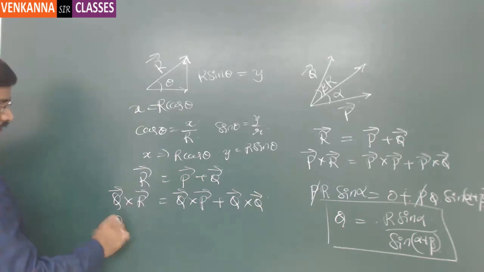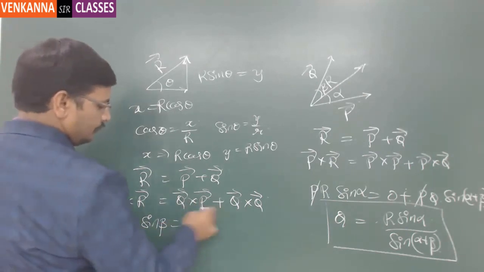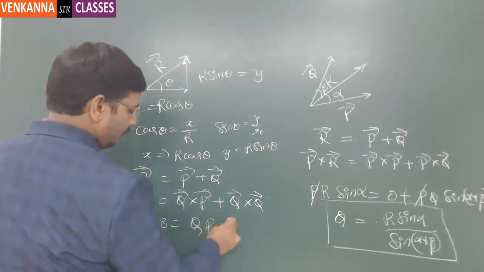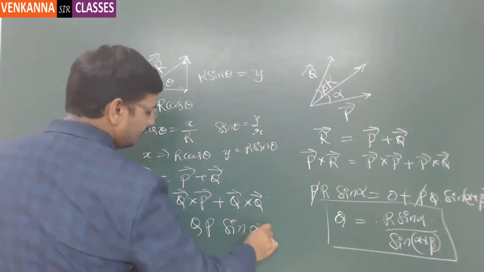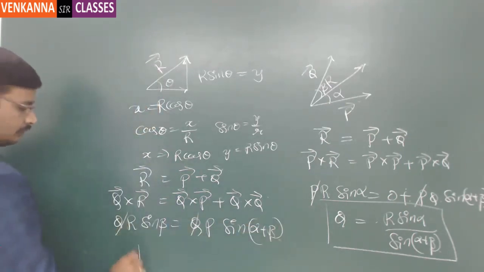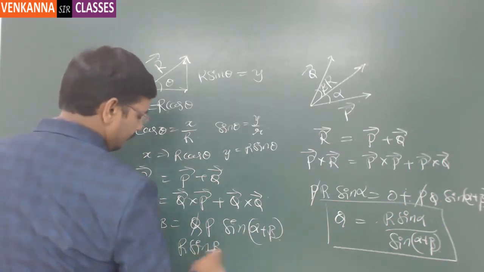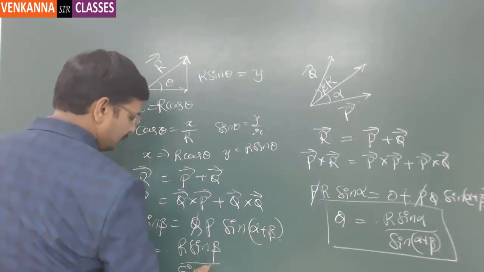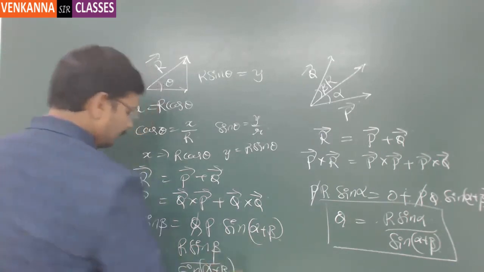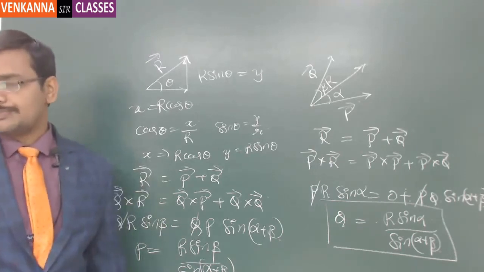So q r sine of the angle between q and r, which is beta, equals q cross p, which is q p sine of the angle between them, alpha plus beta. Now q cancels out, and p equals r sine beta divided by sine of alpha plus beta. This is how you can divide a vector into its two components. Got it?